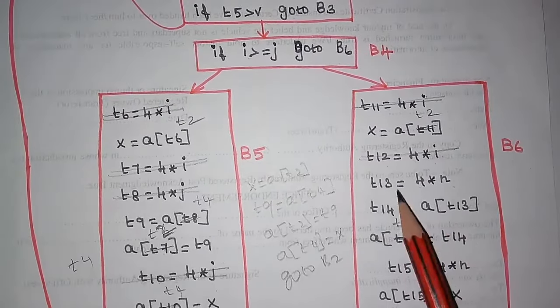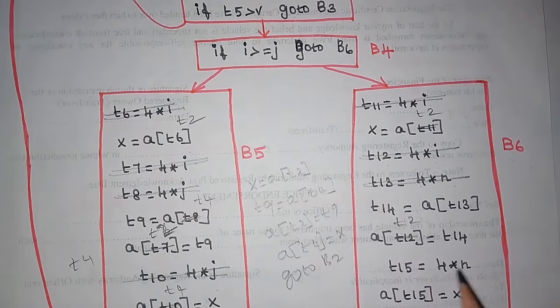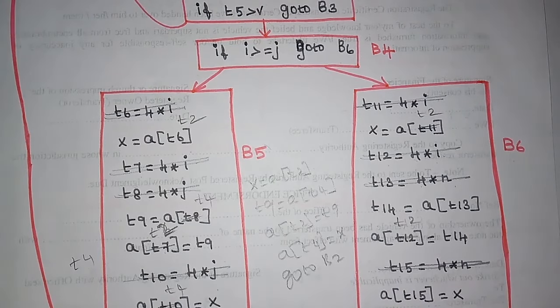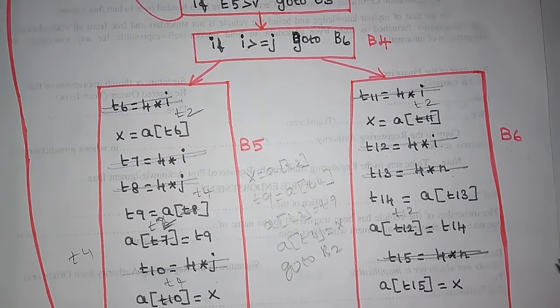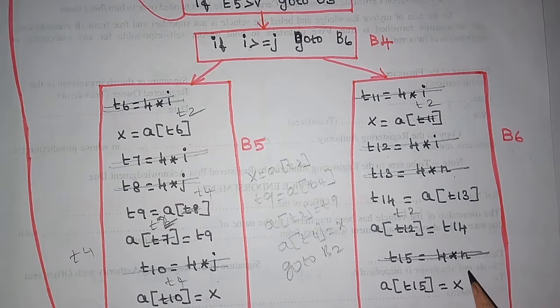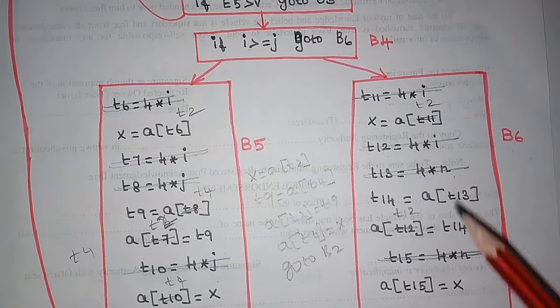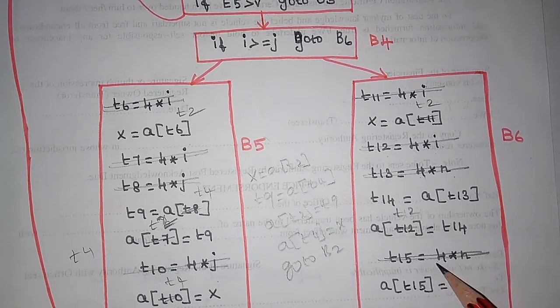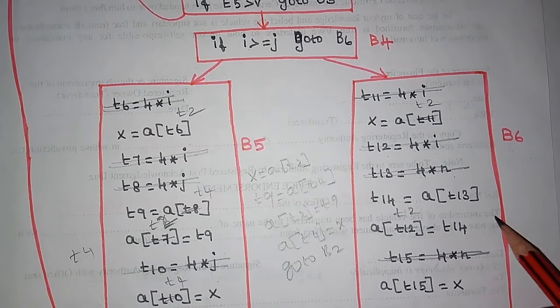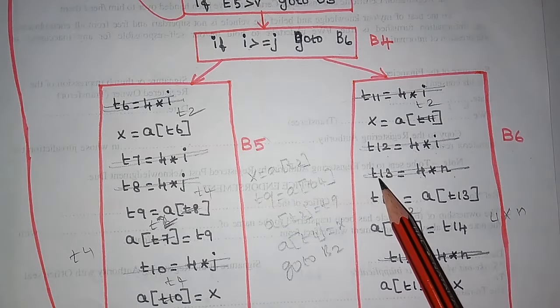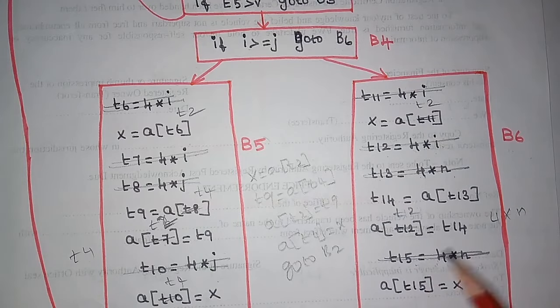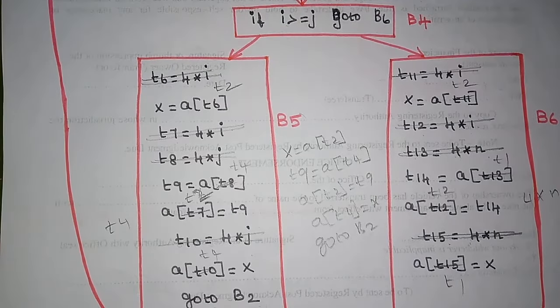We can delete these statements inside block 6 for 4 star N, and wherever we have T13 and T15, in that place we can write T1, which contains the actual 4 star N result. So instead of T13 and T15, we can write T1.